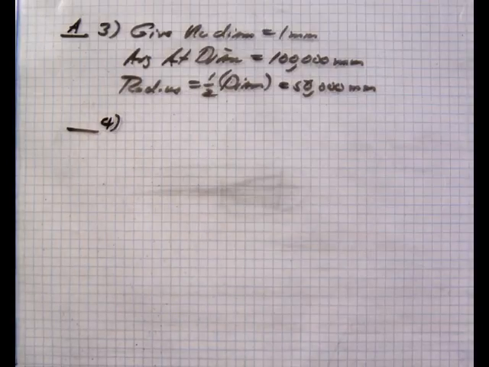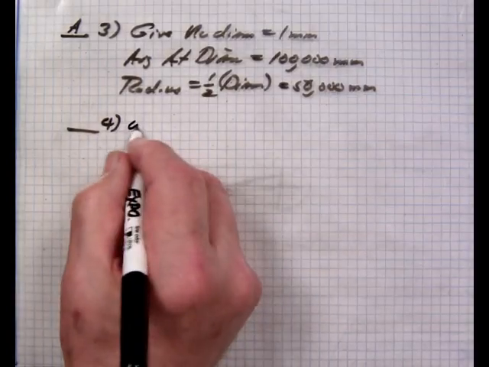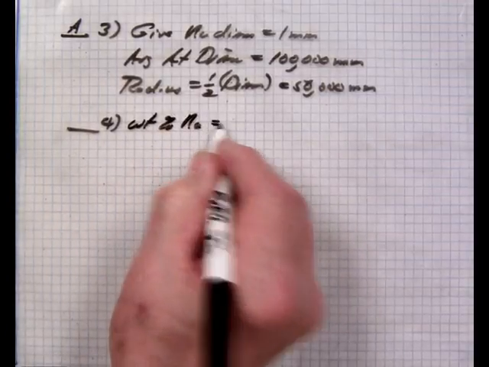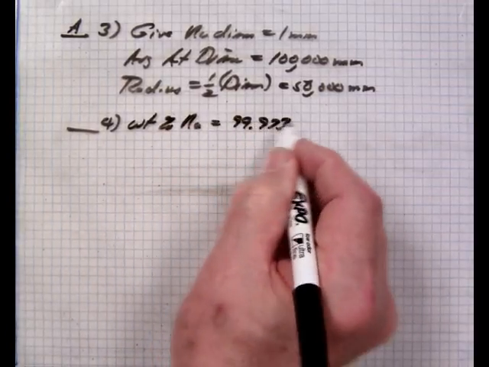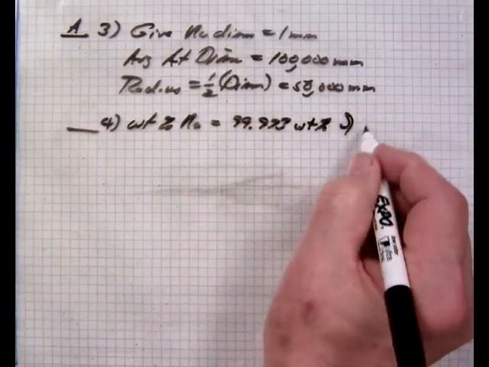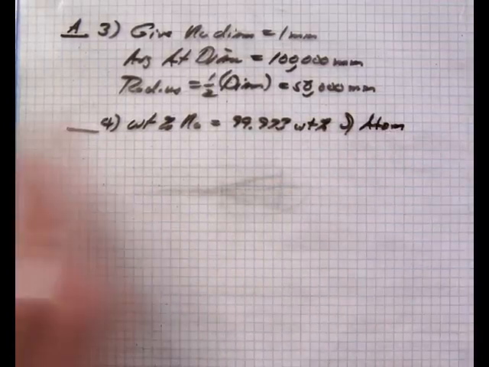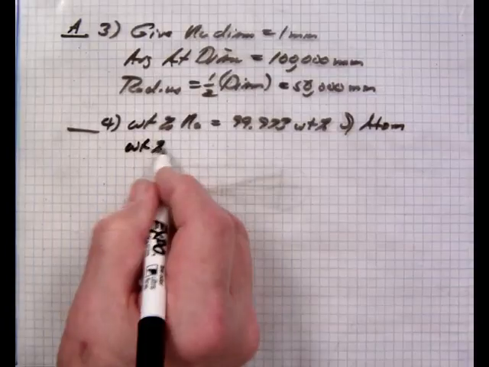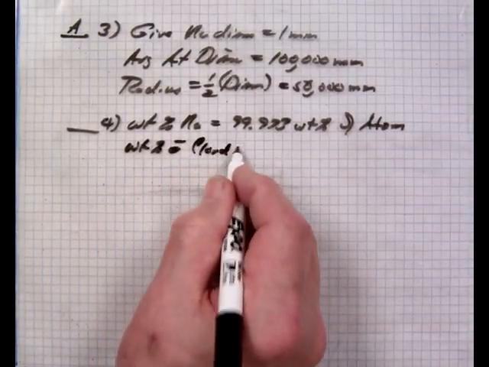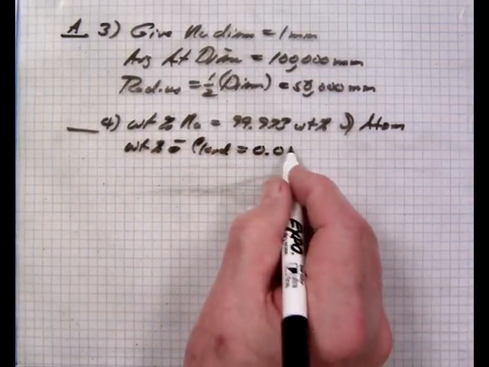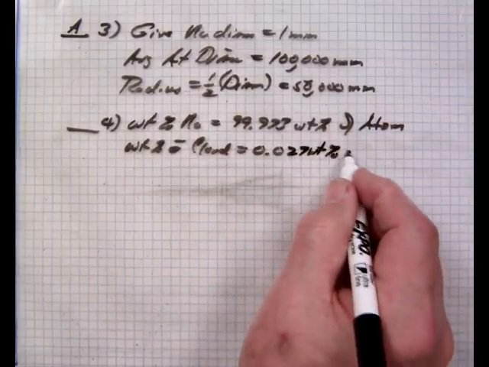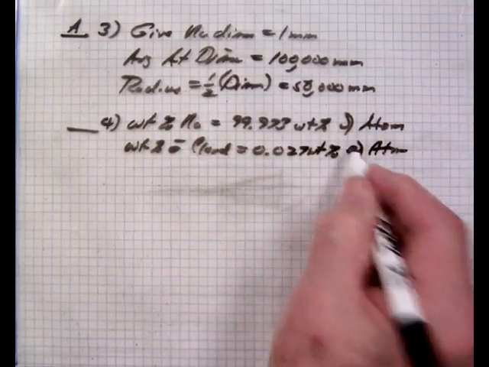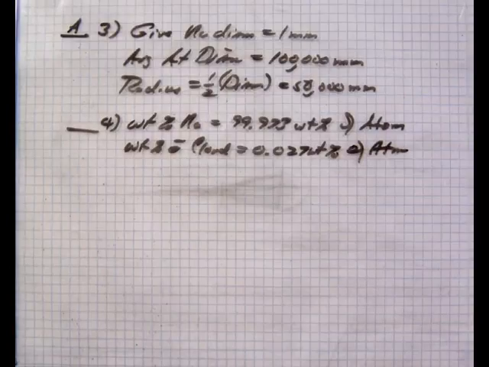Number 4 dealt with the nuclear mass weight percent of the nucleus. Again, it is 99.973 weight percent of the atomic weight, and the weight percent of the electron cloud is 0.027 weight percent of the atom. So while the nucleus is so extremely small relative to the overall atom, it constitutes quite a bit of weight in the structure of the atom.